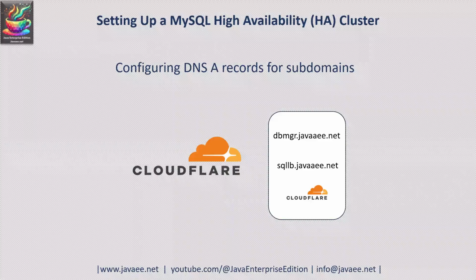So we'll set up the load balancer with the host name sqllb.javaee.net. The DB Manager host will be used to access the Galera Manager, and the load balancer host name, sqllb.javaee.net, will be used to access the MySQL cluster.